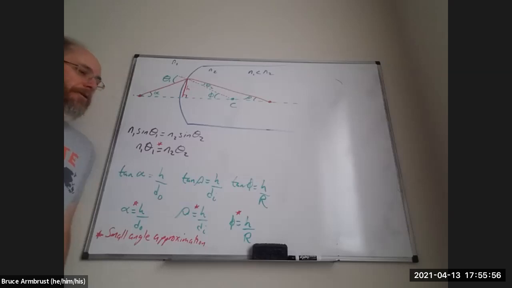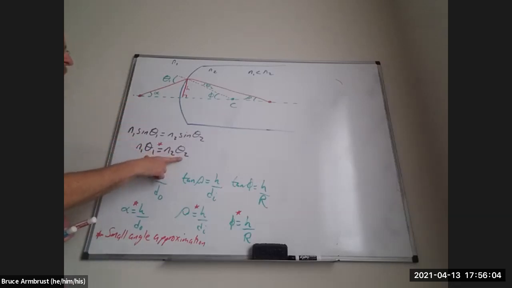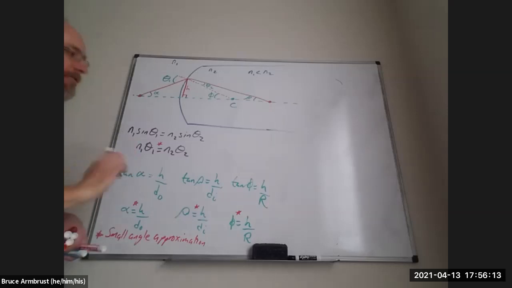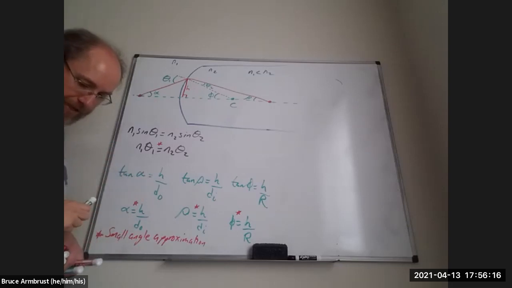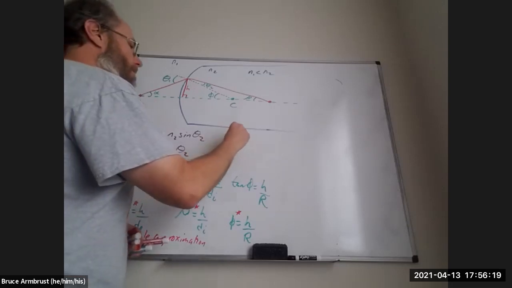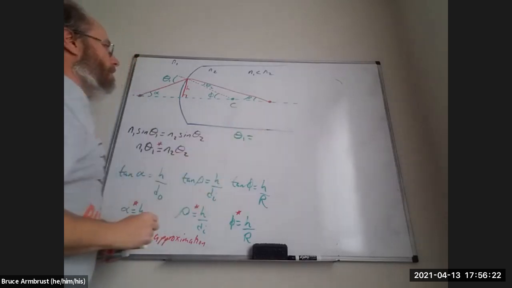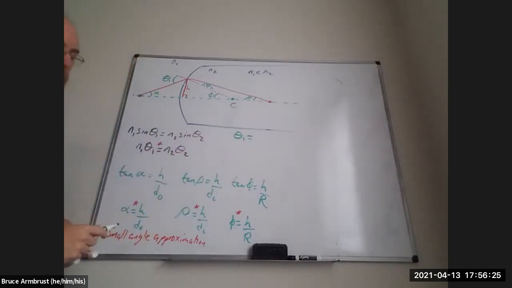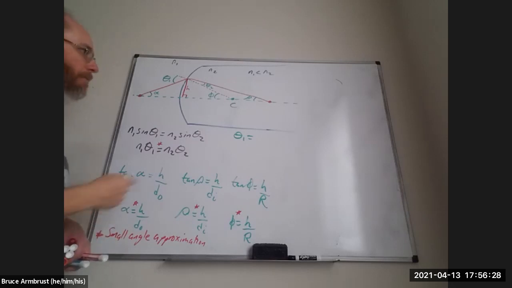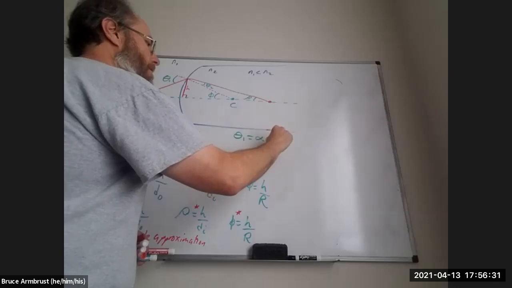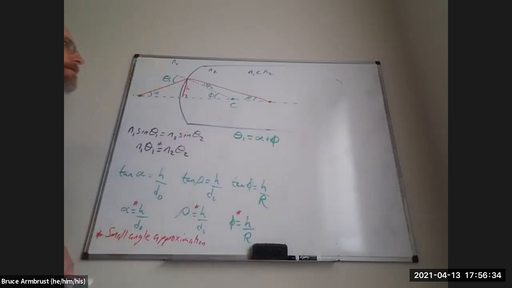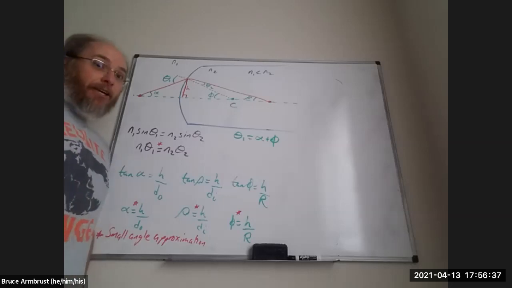All right, so hopefully so far so good. But now I want to relate theta 1 and theta 2 to these guys alpha, phi, and beta. So from some geometry, we get that theta 1 is going to equal alpha plus phi. And here's how you can see that.